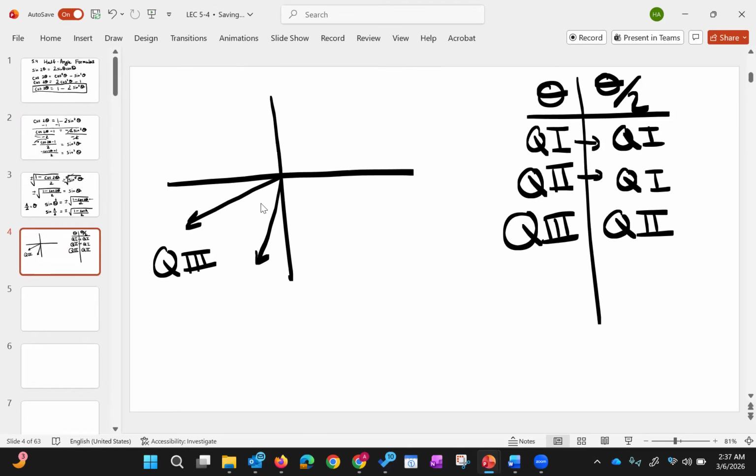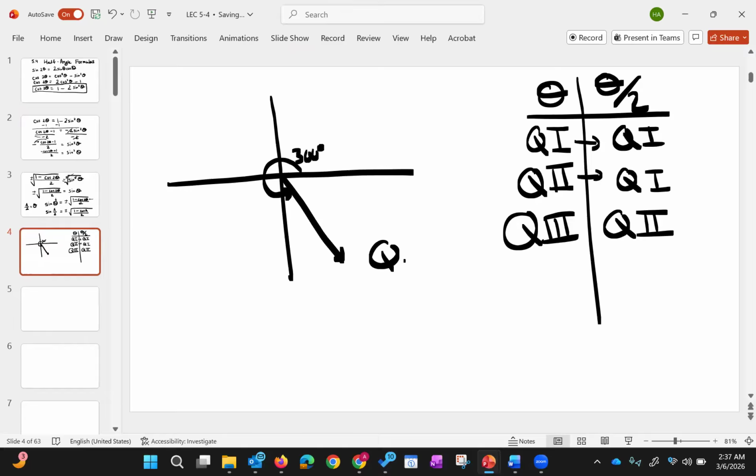Okay, and then let's do the last one here. I'm going to start off with an angle in quadrant 4, an angle that I know. 300 degrees is fine. Boom, 300 degrees. We're right here. We start off in quadrant 4 to begin our angle. If I take half of 300, that would be 150.